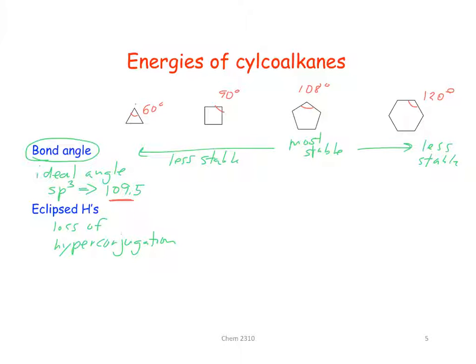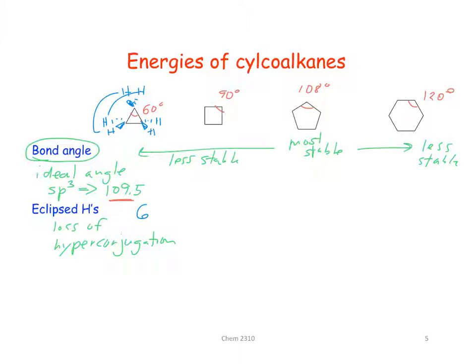If we start out here, on each one of these, we have two H's. One would be coming out of the plane towards us, the other one would be going back into it, like this. And if we count all of the eclipsing, we'd have 1, 2, 3, 4, 5, 6. We'd have 6 eclipsed hydrogens.